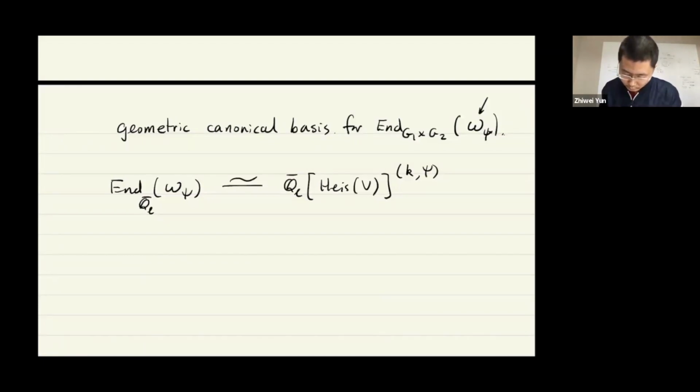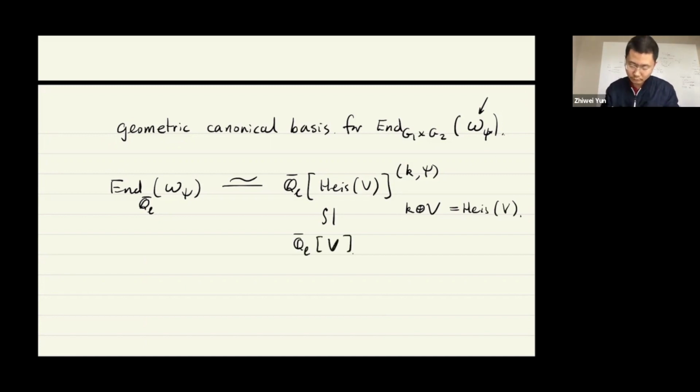And by fixing the embedding of V, splitting the Heisenberg group as K plus V, we can identify such functions just as functions on V.